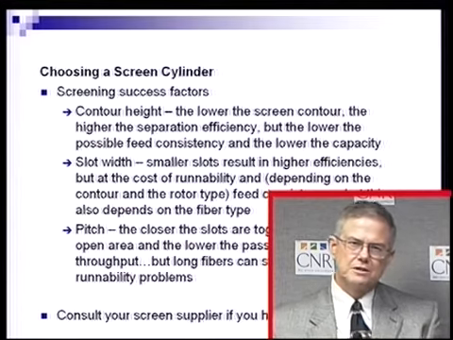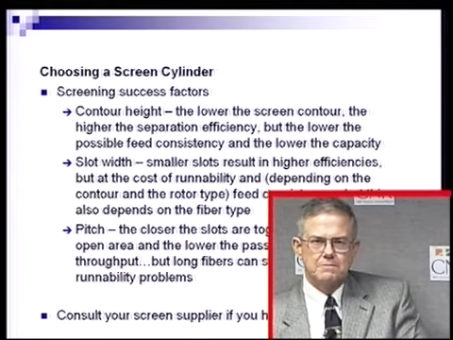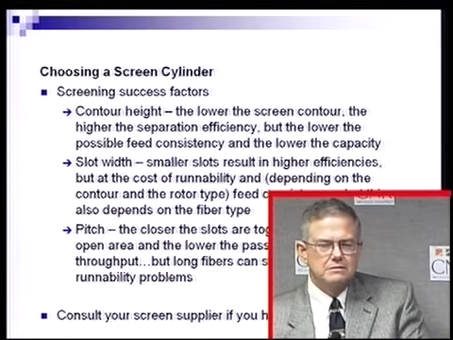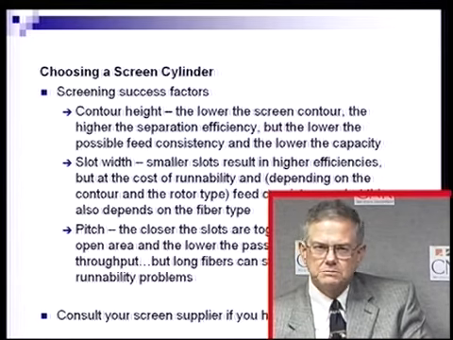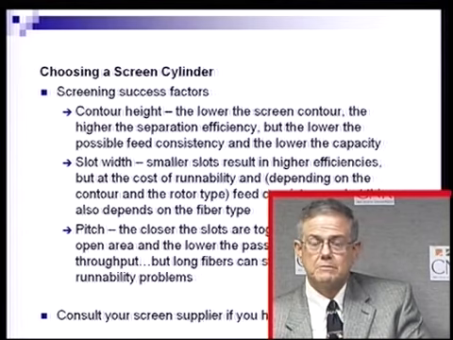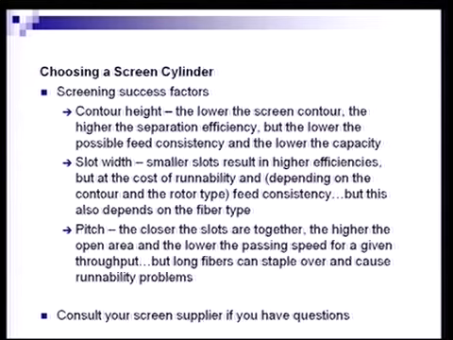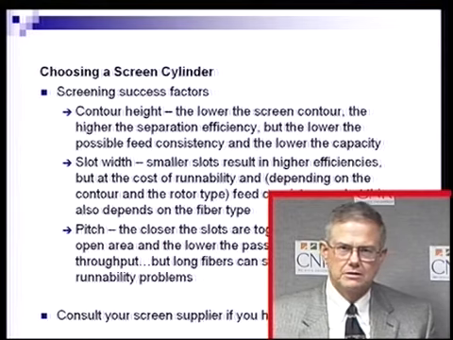Next would be slot width. Once I've picked my contour depth, then I look at slot width, and as you would expect, smaller is better. If I can go with a smaller slot, then I'll get better debris removal, better stickies removal. That's not 100% the case, obviously. There are certain instances where that might not be, and that would be when I've got a smaller slot and a deeper contour.